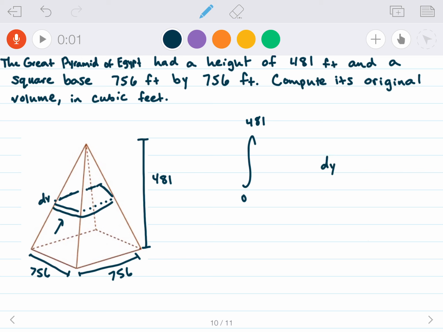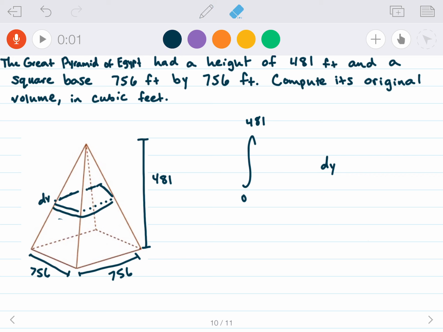And now all we need to do is figure out what the surface area of this slice is going to be. So we can see that as height changes, so does the length and the width of the slice. So what we need to do is use similar triangles to establish a relationship between the length and the width.